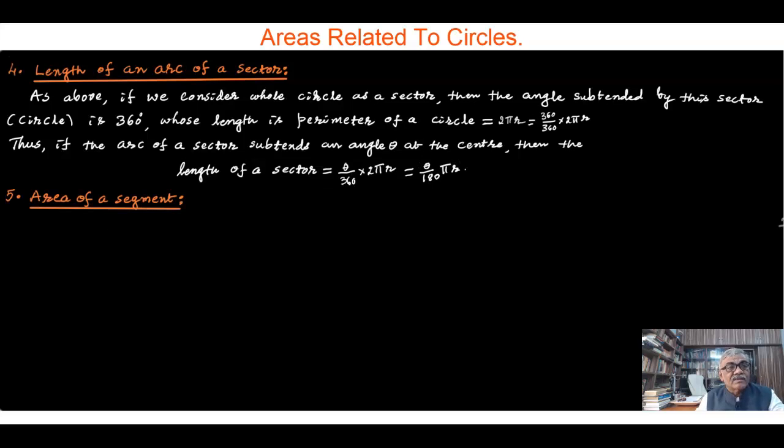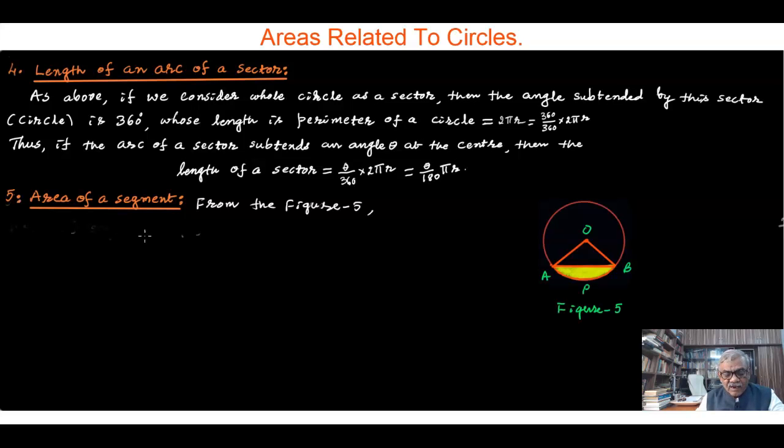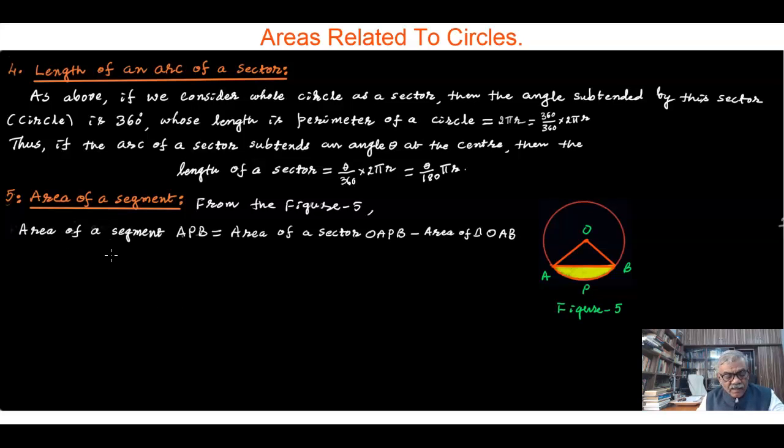And the area of this segment, from figure 5 here, area of APBA. And for this, how to find the area? Now you can see the area of segment APB is equal to the area of the sector OAPB minus the area of the triangle.